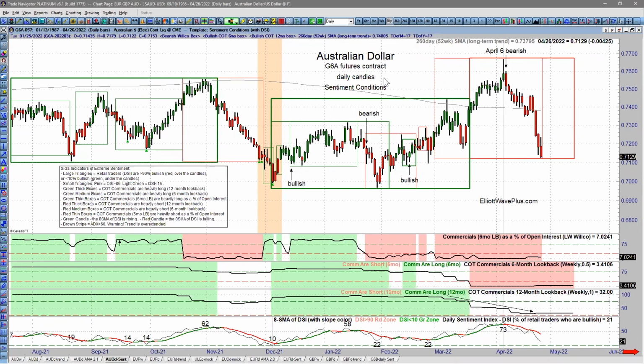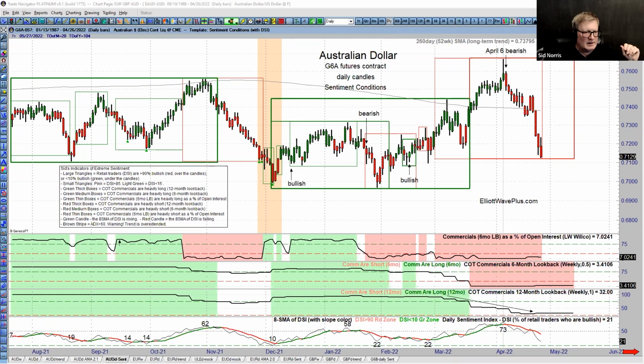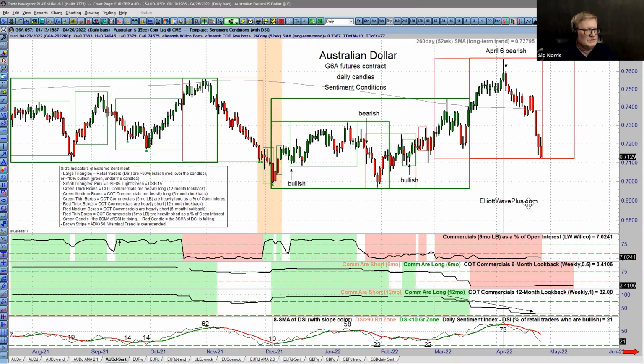In this case, with the new sentiment conditions screenshots, I think what I've been able to do is provide something that might take you a very long time to come to these same conclusions, as opposed to just looking at a chart and being able to determine pretty quickly what's going on. So I would like to thank William again for all his enormous help on putting all this together.